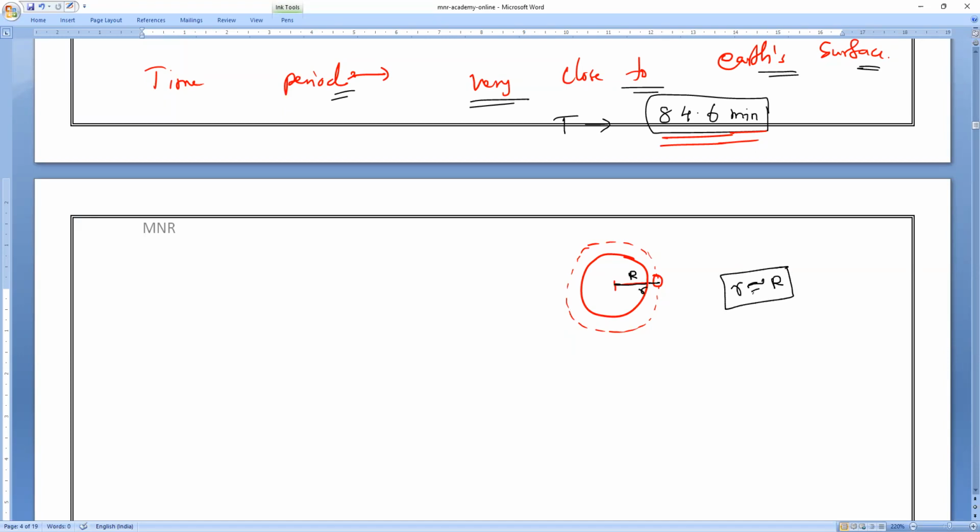Am I right or wrong? Yes. So we all know that time period is equal to 2 pi r by v. Whenever it is very close to the earth surface, r is approximately equal to the radius of the earth.